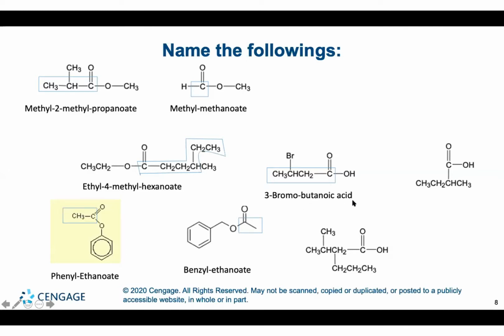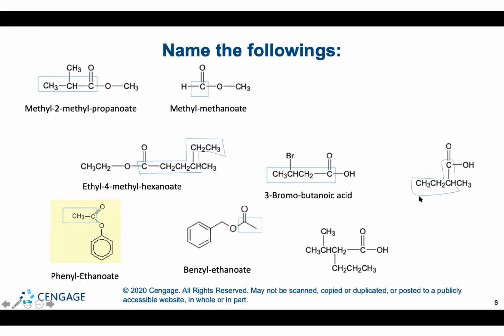And when we want to write a name, we do not need to emphasize carbon 1 as the carbonyl group because we already know that we started from the carbonyl carbon. So again, when we have an amide, ester, anhydride, or carboxylic acid, we always start with the carbonyl group when we want to number it. 1, 2, 3, 4 is going to be 3-bromobutanoic acid.